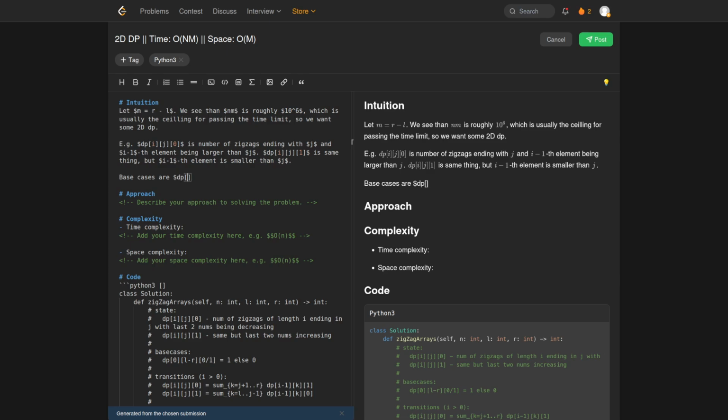Base cases are dp[0][j][0, 1] for all j.